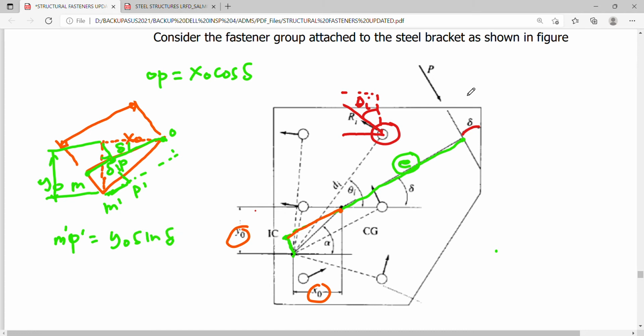So to add up to the total moment arm from this point to this point, so this moment arm from the P up to here, which is perpendicular, will simply be equal to E plus XO cosine of delta plus YO sine of delta.